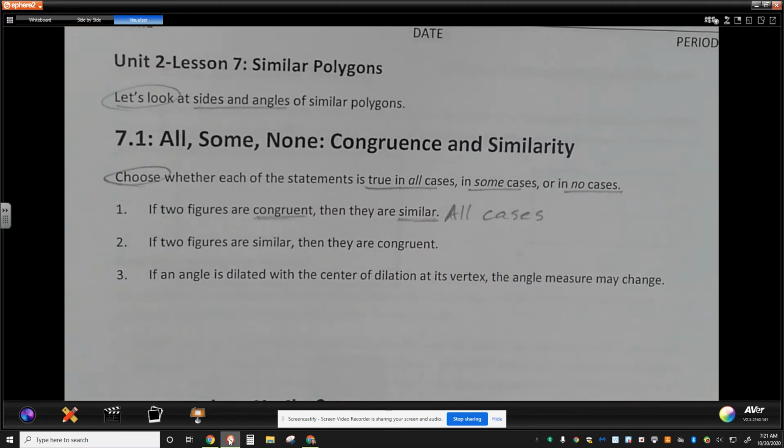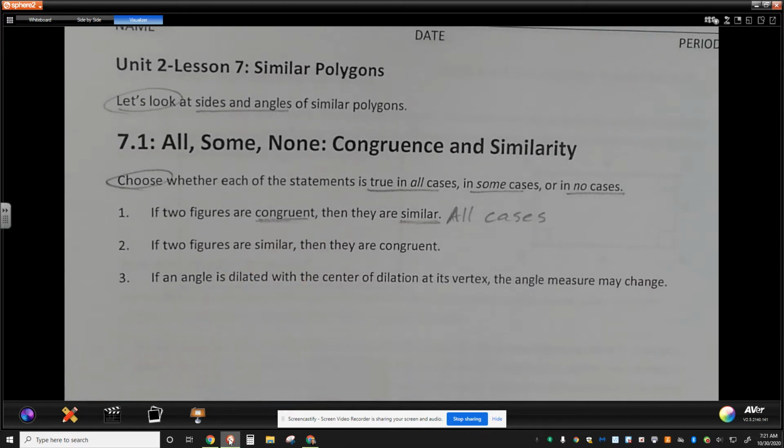And the reason for that, if you think about congruence is proven by transformation. So rotation, translation, and reflection. When we talk about similar figures, they are proven by the same three rigid transformations, but then we add in dilation. Dilation doesn't always change the size of a shape, especially if it's by a scale factor of 1.